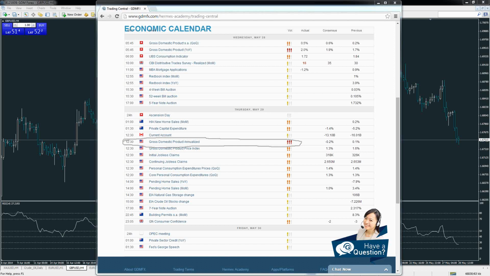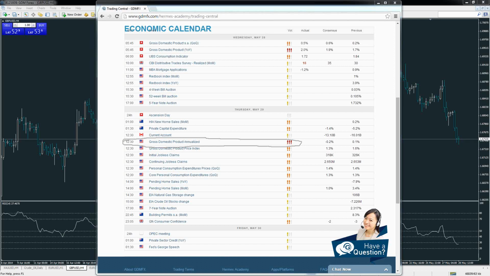The GDP is released by the U.S. Bureau of Economic Analysis, showing the monetary value of all goods, services, and structures produced within a country in a given period of time.